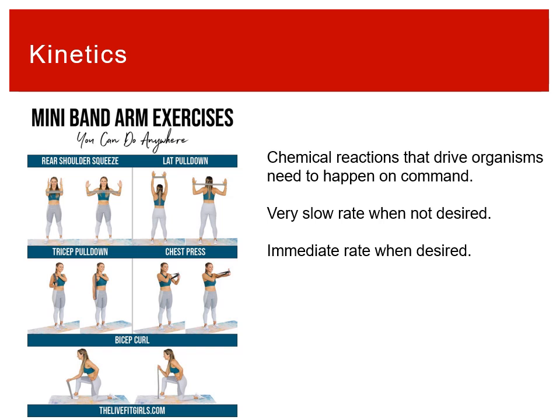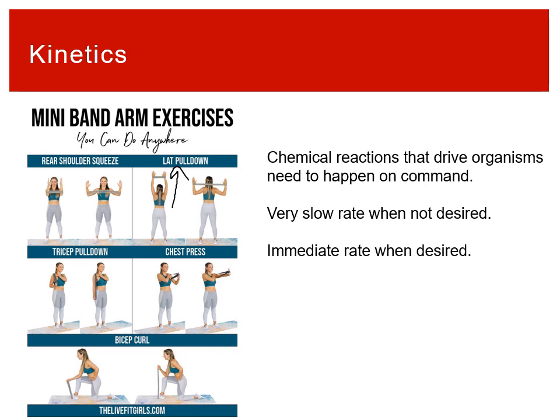They all need to happen at the same time. And importantly, you don't want those chemical reactions happening when it's not desired. The chemical reactions that cause arms to lift need to not happen when it's not desired, and they need to happen immediately when the brain is sending signals to lift your arms up. You have a lot of different chemical processes that need to happen on command.